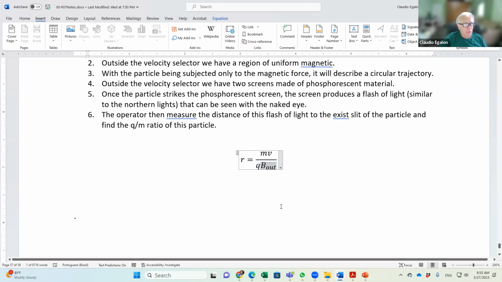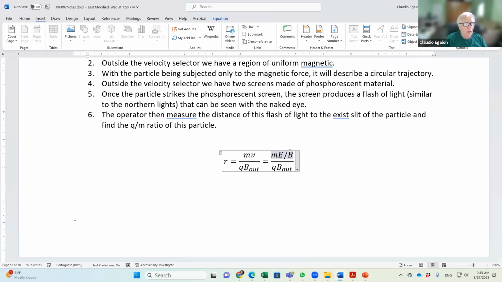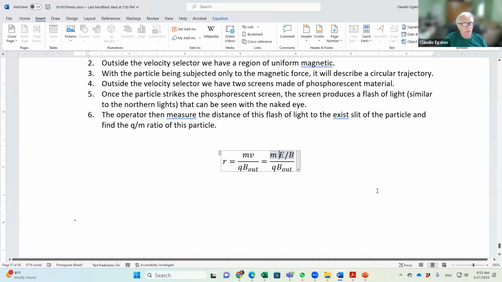This B out is controlled. And this V, you already know is equal to E divided by B, but it's a different B because it's the inner magnetic field, E over B. This one is adjusted, and this one is also adjusted. It's all those three parameters under your control. 1, 2, 3.